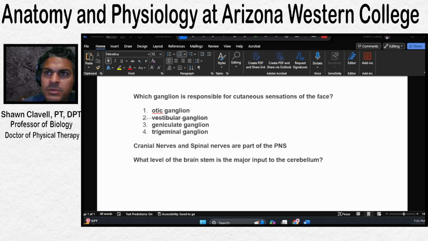Has the trigeminal ganglion. And there's the otic ganglion.